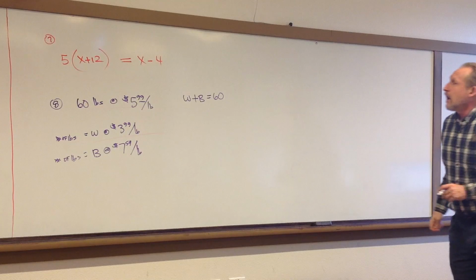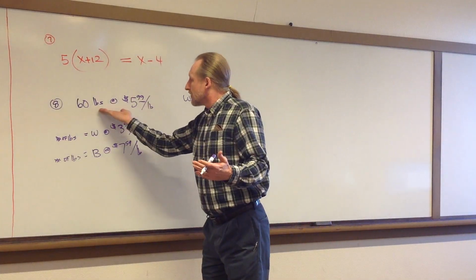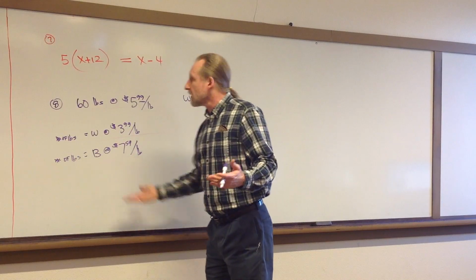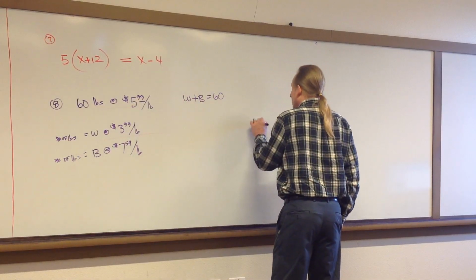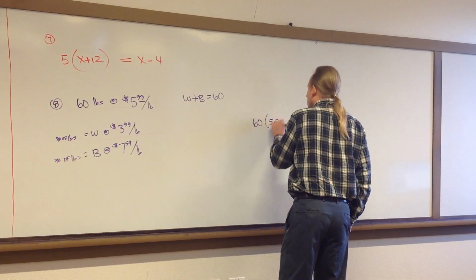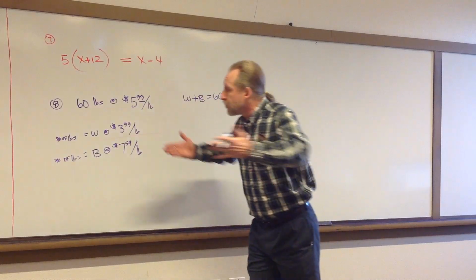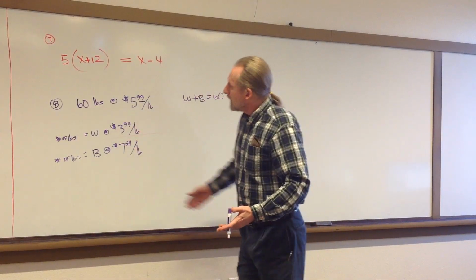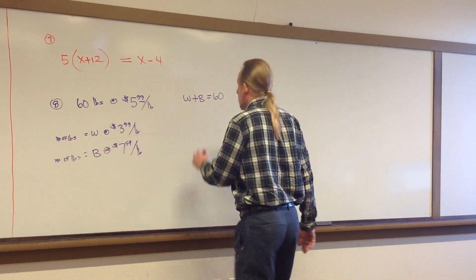Okay. What else? We want the value of the mixture, right, to match the value of the nuts that are going into it. So the value of the mixture is 60 pounds at $5.99 per pound. Now, the nuts that we're putting into the mixture is going to be W pounds of walnuts at $3.99 a pound.